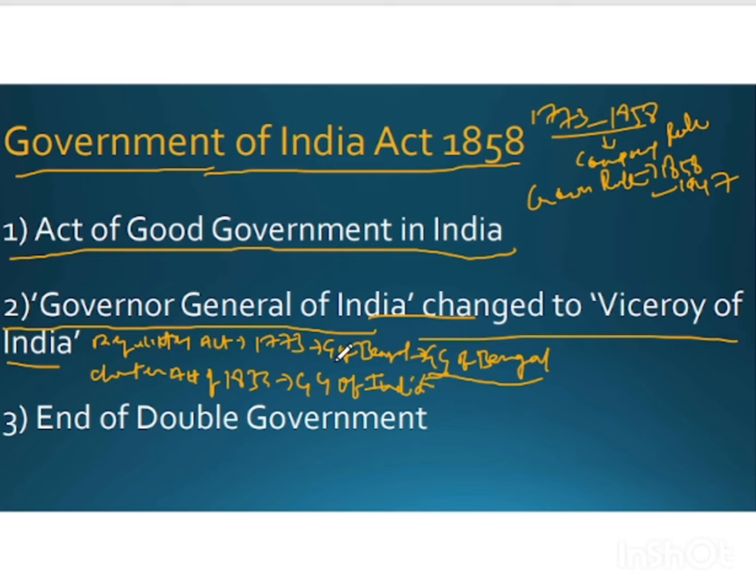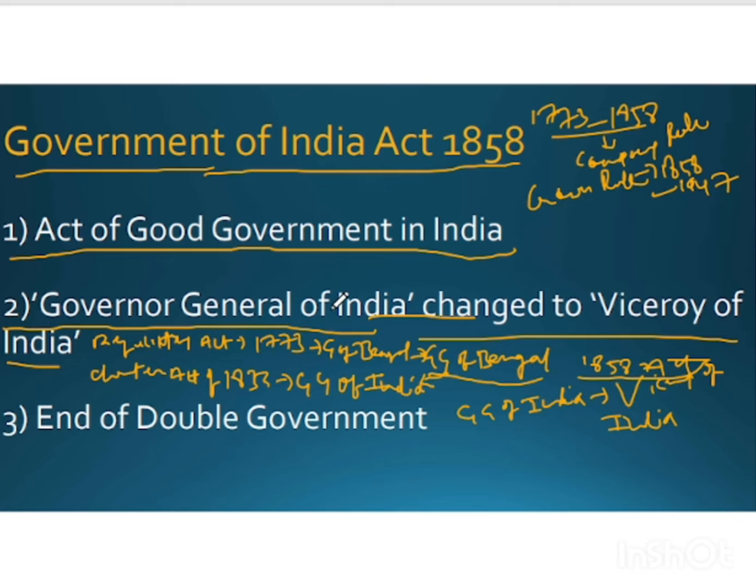And now through this Government of India Act, we see that Governor General of India changed to Viceroy of India. So through the 1858 Act, the Governor General of India designation changed to Viceroy of India.